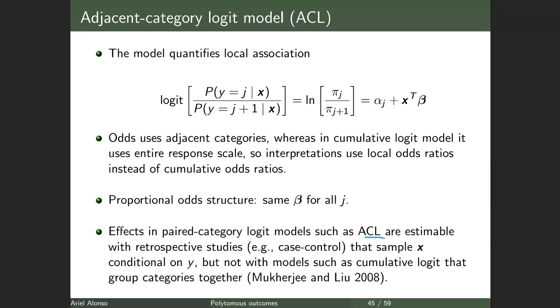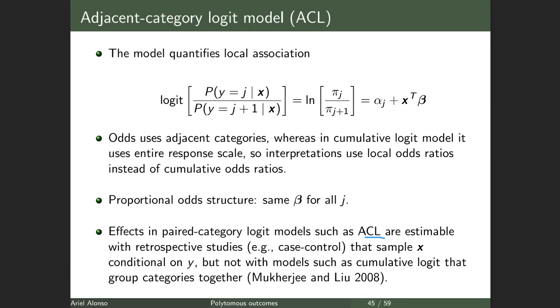Then you go back to see, in the group with lung cancer, how many were smokers and how many were non-smokers, and in the group that didn't have lung cancer, how many were smokers and how many were not. So smoking is the covariate X and lung cancer is the response Y. Here you're doing the reverse process: you sample X given Y. And logistic regression is valid for this type of design, so you can analyze this using logistic regression and you're going to get correct estimates.